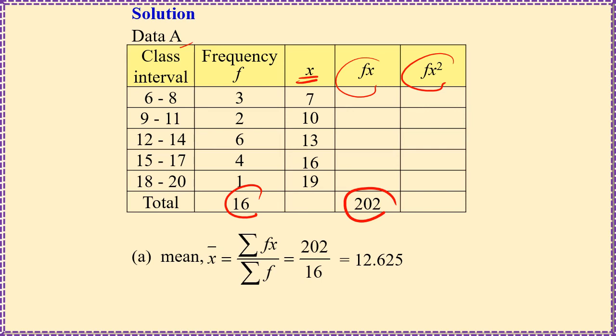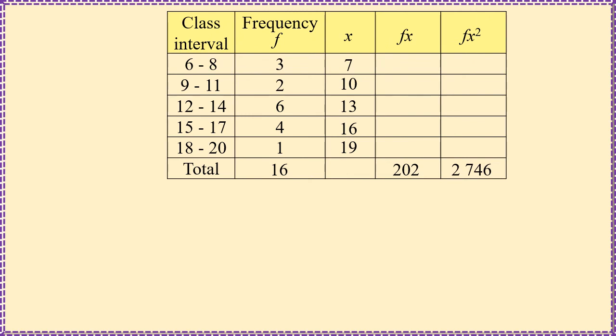For the standard deviation, we need the summation of fx squared, also using the calculator. Usually in an examination or in the assignment, we directly put all the values we need in the table. So use the calculator directly, we get the answer.